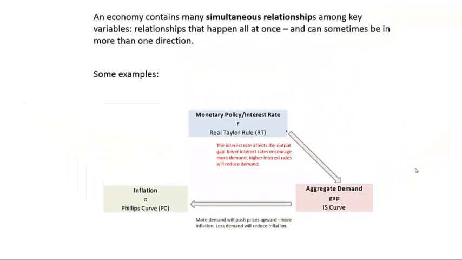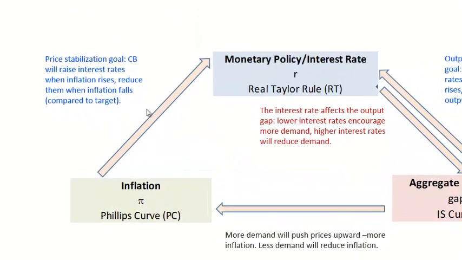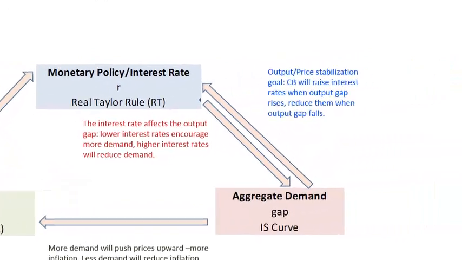This is one of the main messages of the Phillips curve. However, both the output gap and the inflation rate will have impacts on the interest rate that the central bank sets in its efforts to achieve its goals of price and output stabilization. It will raise interest rates if the inflation rate rises above the desired rate of inflation, what we call the central bank's inflation target. It will reduce interest rates if the inflation rate falls below that target rate.